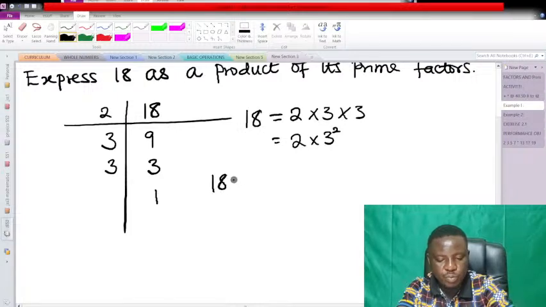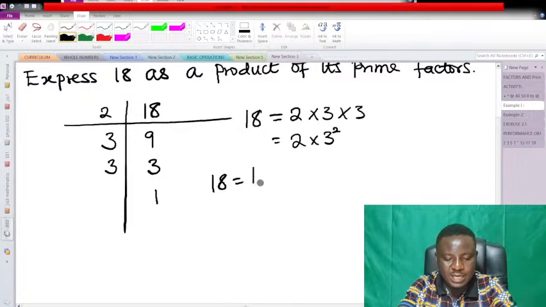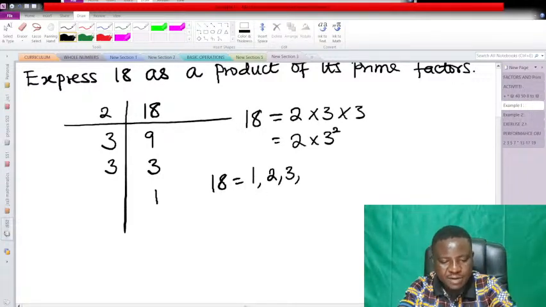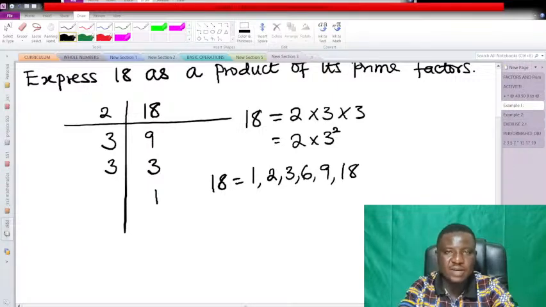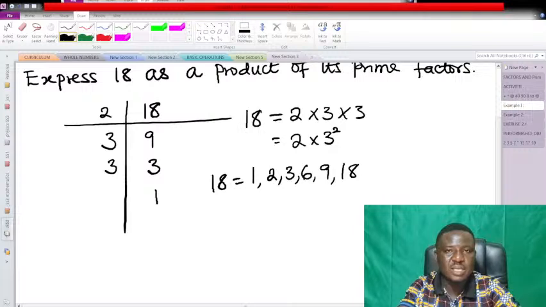For example, 1 can divide 18 without a remainder. 2 can divide 18 without a remainder. 3 can divide 18 without a remainder. What else can divide 18 without a remainder? 6 can. 9 can. And 18 itself can divide 18 without a remainder. So these are the factors of 18.